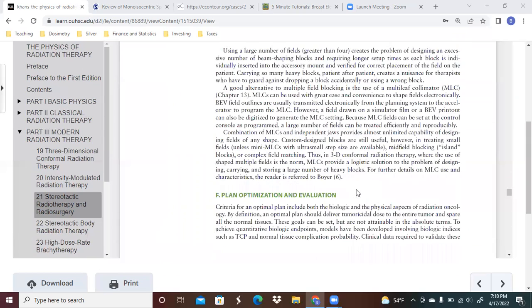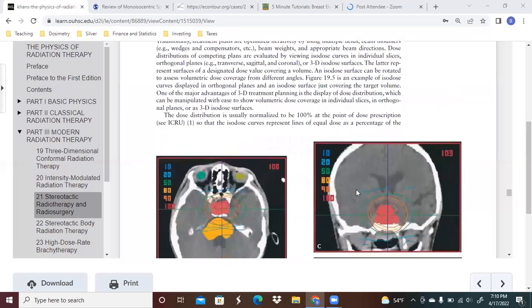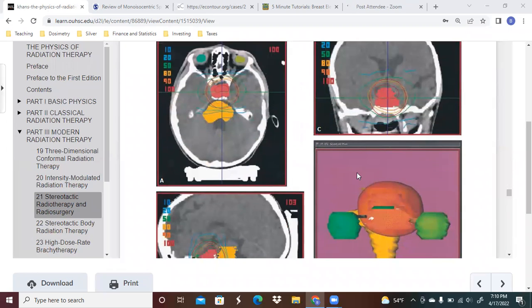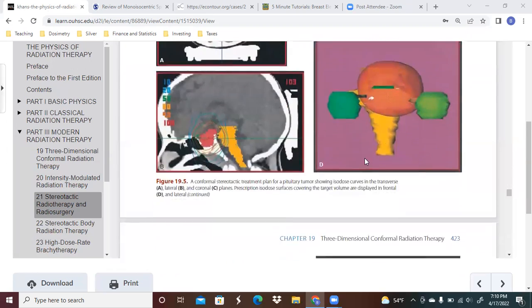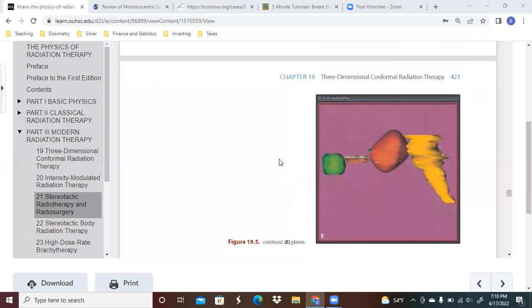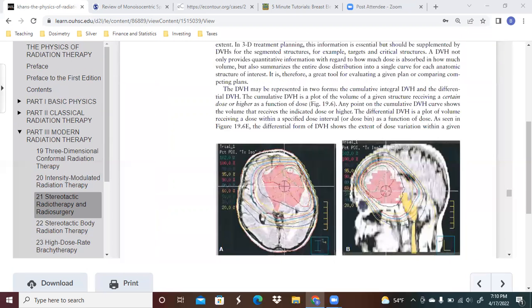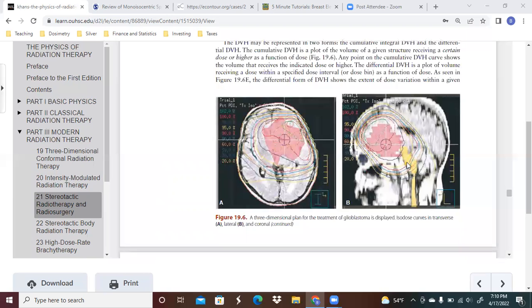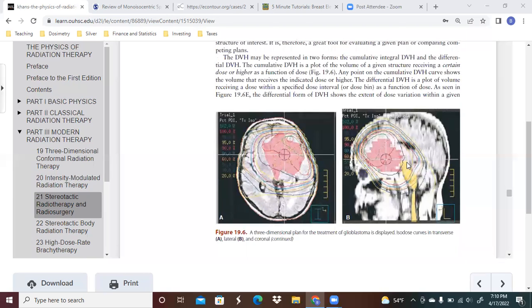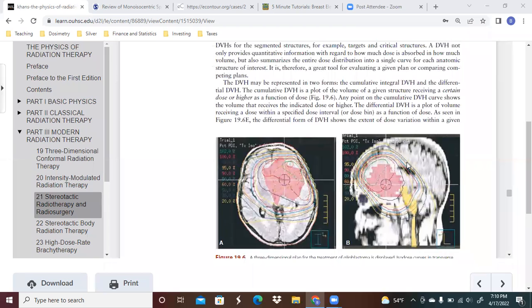4 fields are usually pretty easy when it comes to breast plans, brain plans, things of that sort. Again, the parameters are pretty much all the same. You are looking at setting field arrangements, and those field arrangements can be static fields or they can be arcs.